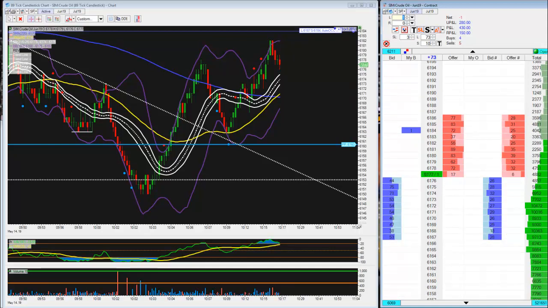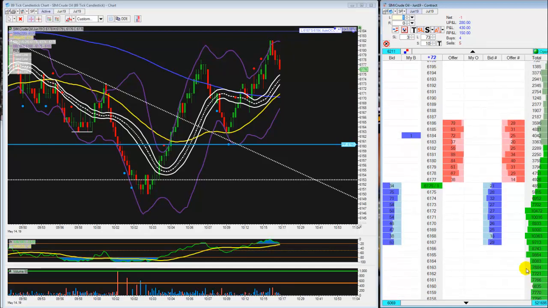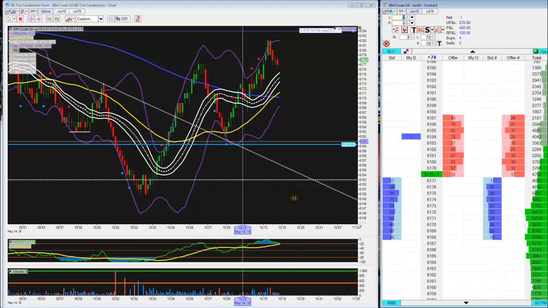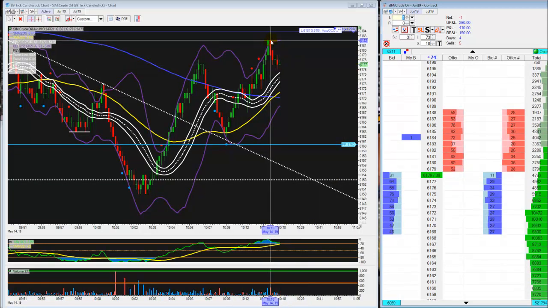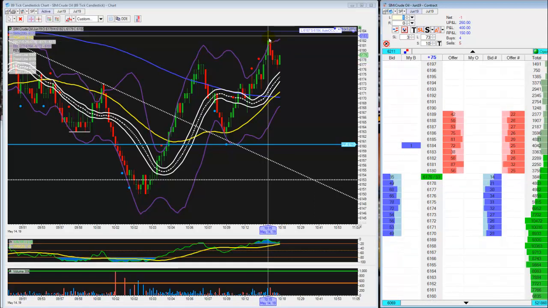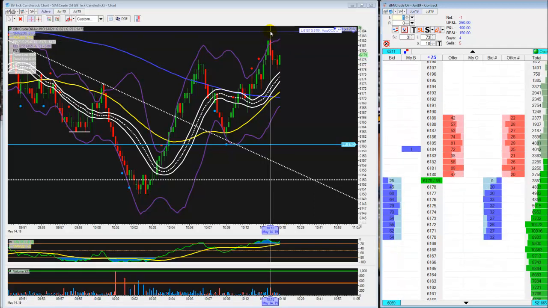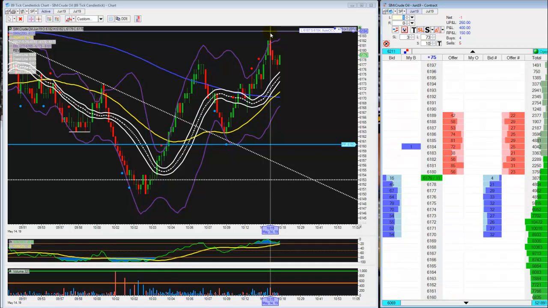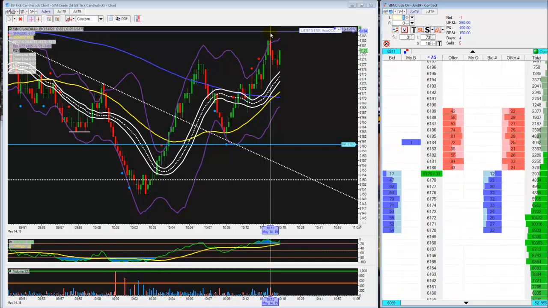A prairie dog. That's just the terminology that I use when the market just about takes me out within a tick right here. And then I'll move up one tick higher than where that came from to force it to come a little higher to knock me out on a winning trade.